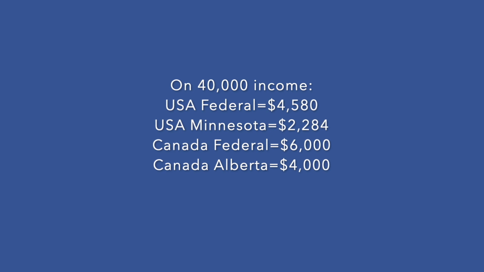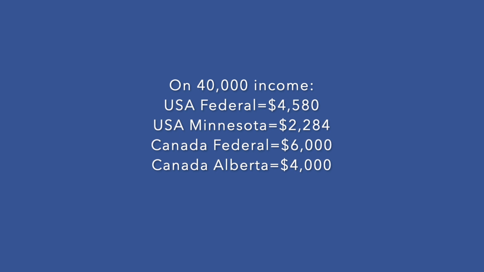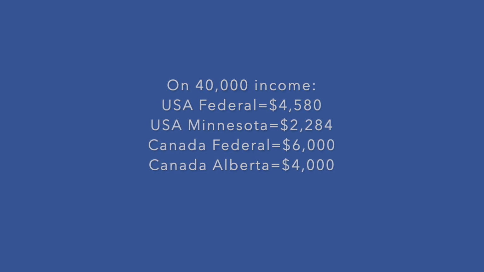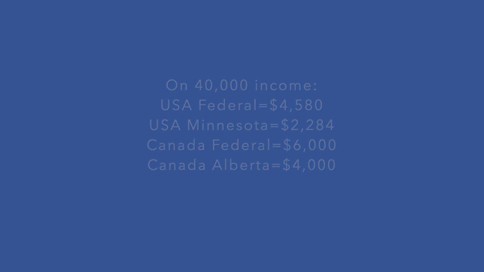That ends up being almost 8% less than if you were to live in the Alberta province of Canada. So you can see how to calculate the total that you'll be paying in income tax, whether you live in any province in Canada or any state in the United States. This is how marginal tax rates work and how you can calculate the income tax that you'll owe.